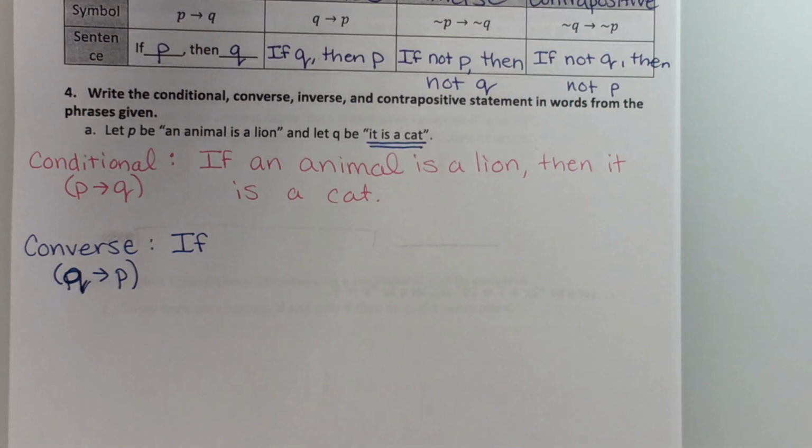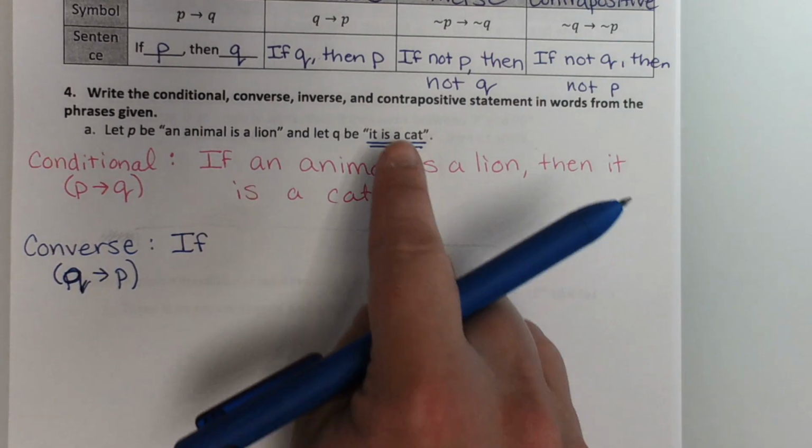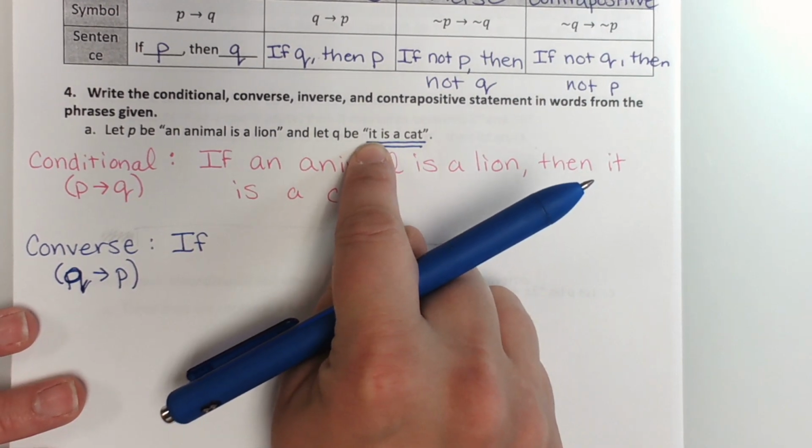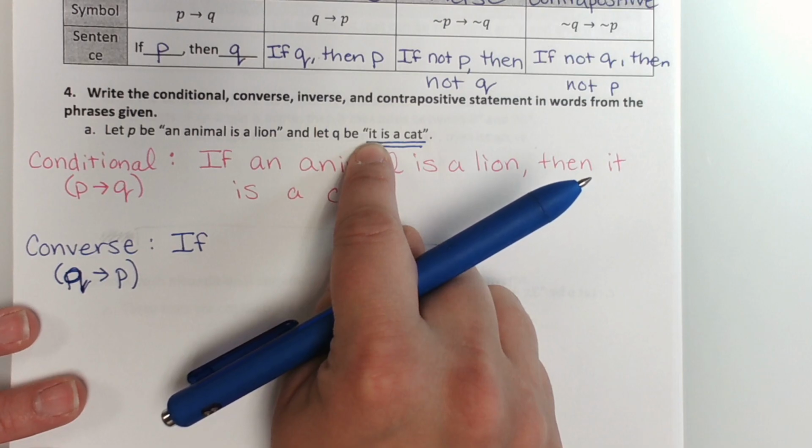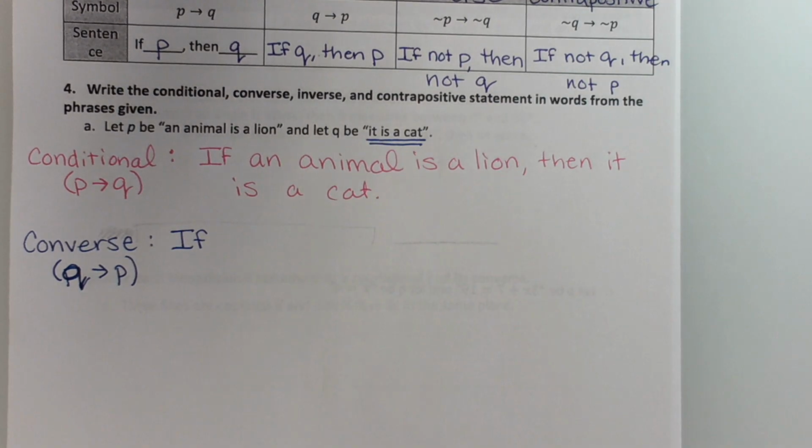Before I write that, if you're just starting a brand new conversation with someone, do you really want to start with if it is something? Do people know what that it is? Depends. If the conversation was started based on you responding to something, that's different. But if someone just came up to you and started a sentence, if it is a cat, what's it?